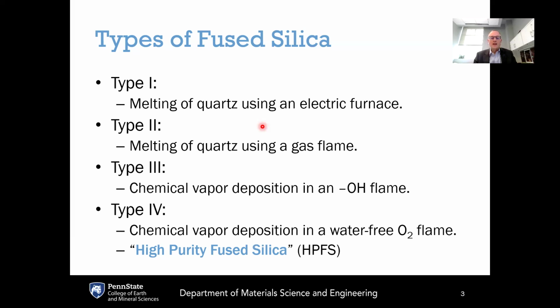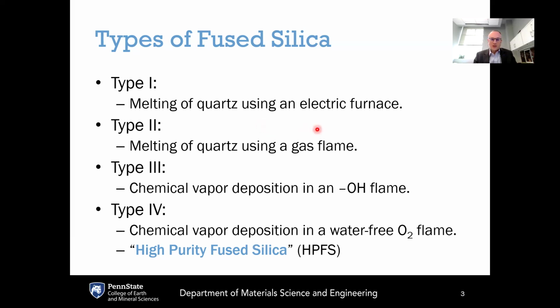But there's always a very small trace amount of sodium. There's always some amount of water that is included in quartz. And this can actually be a serious problem when it comes to having either the high thermal resistance of the final glass product, or more often, the good optical transparency.